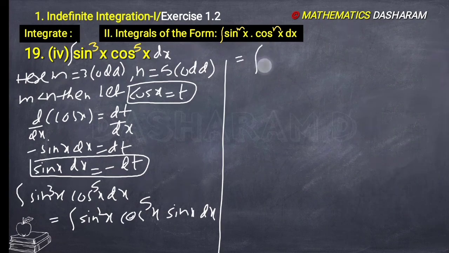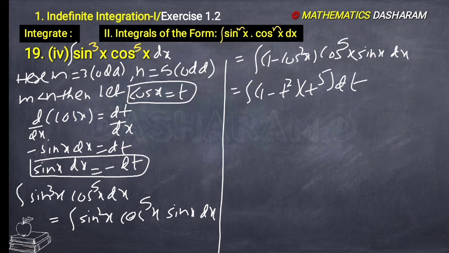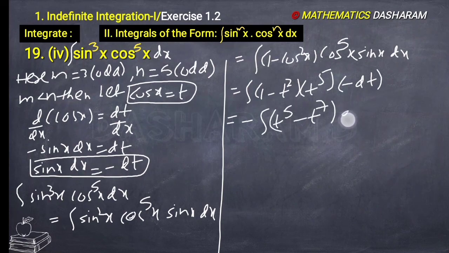Sin square x can be written as 1 minus cos square x, into cos to the power of 5 x, into sin x dx. Now substitute the values. Integration of 1 minus t square into t to the power of 5 into minus dt. So minus integration of t to the power of 5 minus t to the power of 7 dt.